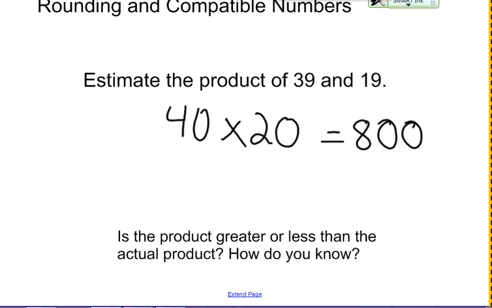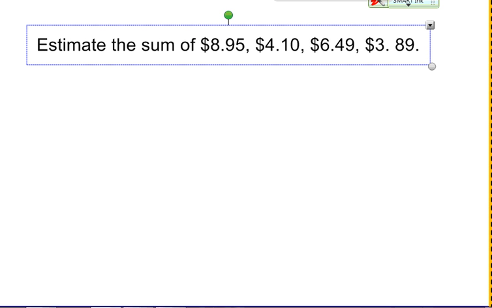I'm going to say greater, and I can think that because I rounded up in this case. 40 went up, 20 went up, so really I'm using two larger numbers than what I had before. Because I rounded both numbers up, it makes sense that the estimate would be slightly higher than the actual product of 39 times 19.